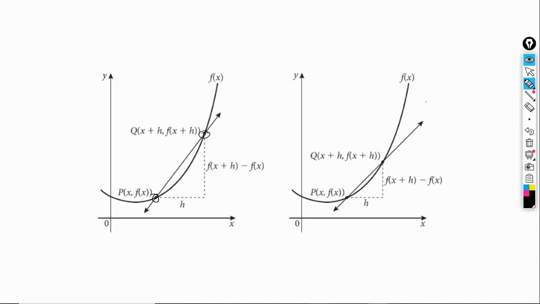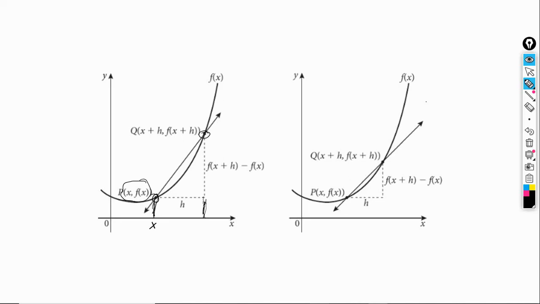So let's suppose that this coordinate is just x, right? So if this is the x coordinate, this point would be x, comma, f of x, as you see here. That would be that point P. This is just x and f of x, regardless of what the function is. Then here would be the other x coordinate.